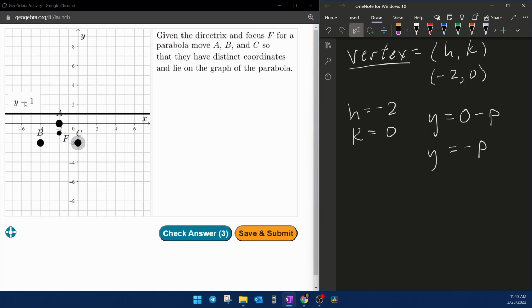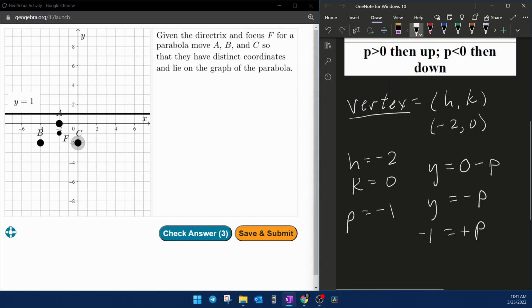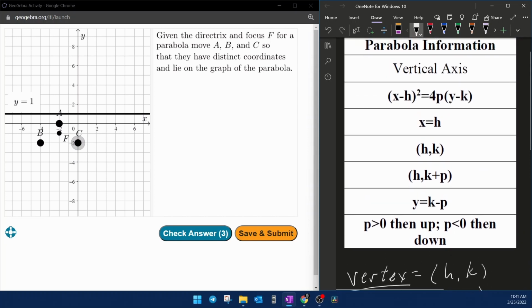So from the equation, I can see that the directrix is y equals 1. So if y is 1, then I can solve for p, and that tells me that p is -1. And if you're wondering what I'm doing right now, I'm just gathering information so that eventually I can write the equation of the parabola, and then I can find the two other points.